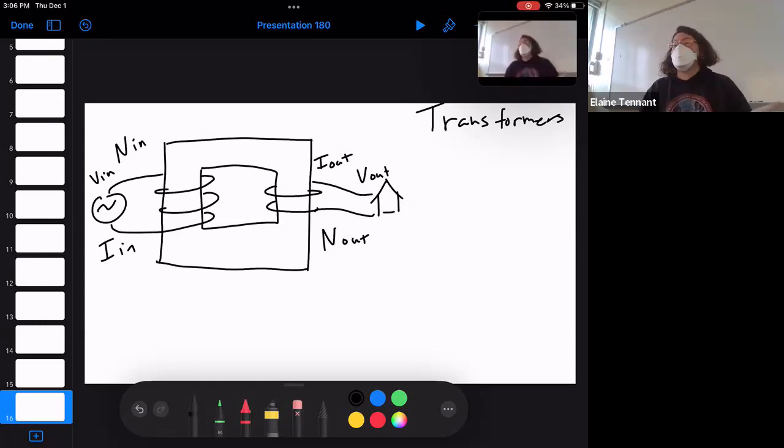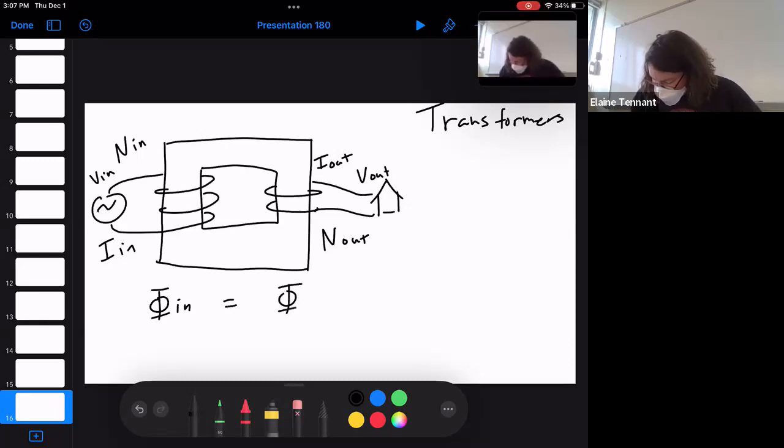And then by Faraday's law, we'll have a changing magnetic flux through a loop of wire. So on one side, I'm going to have this flux that's being created, a flux over here in, and on the other side, I'll have the same flux going out.